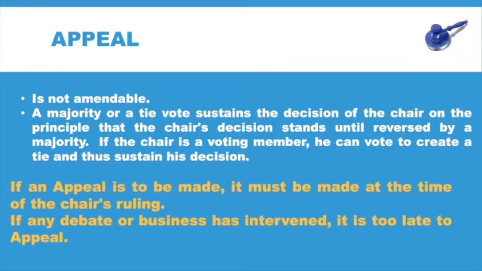Now, you cannot amend this appeal. A majority or a tie vote sustains the decision of the chair on the principle that the chair's decision stands until reversed by a majority. If the chair is a voting member, he can vote to create a tie, thus sustaining his decision.